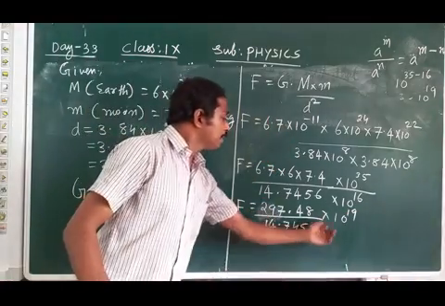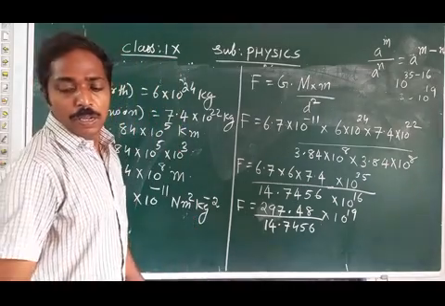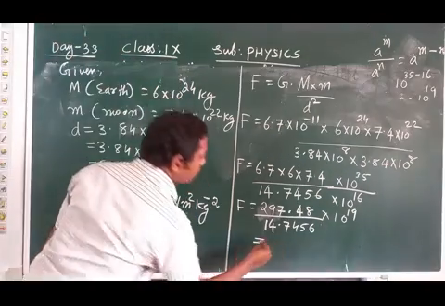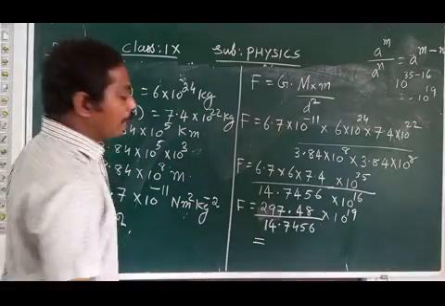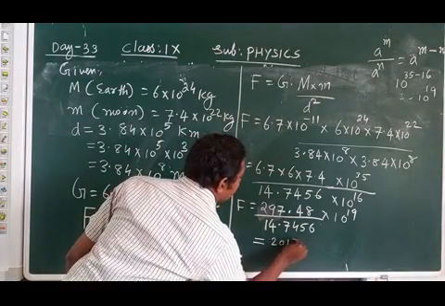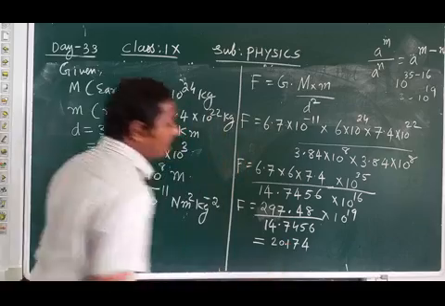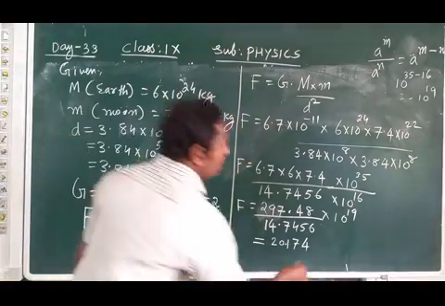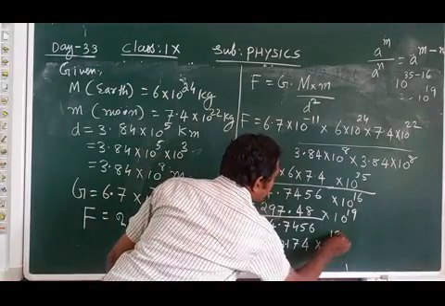When we simplify this, we get 20.174 into 10 raised to 19.